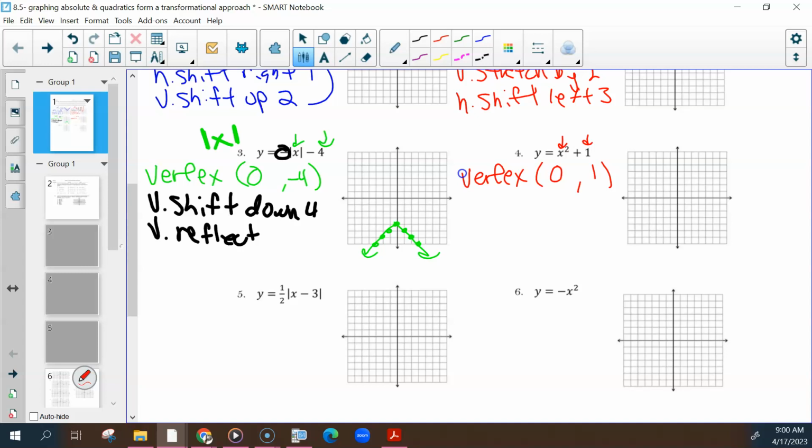That means there weren't any horizontal shifts, but there was a vertical shift at 1. Do we have any other transformations that happen? Do you see anything else that happened there?